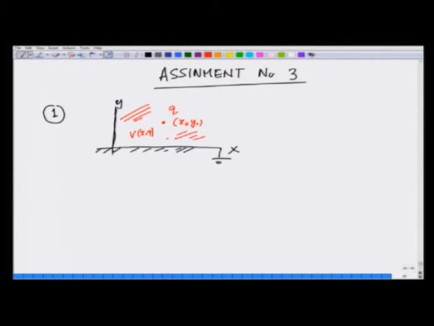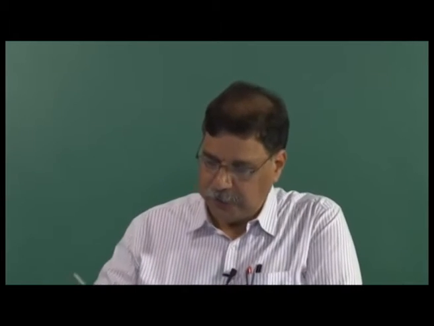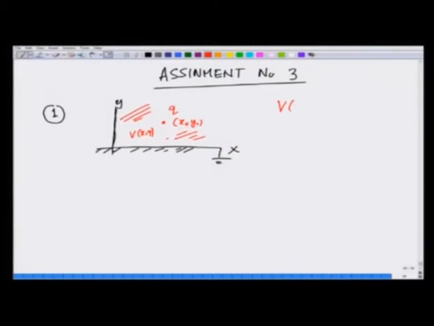Do we take the image charges such that the boundary condition is satisfied? We wish to make the potential 0 on the x z plane. You must be wondering where z is coming from. Z is here, it is coming out of the paper.